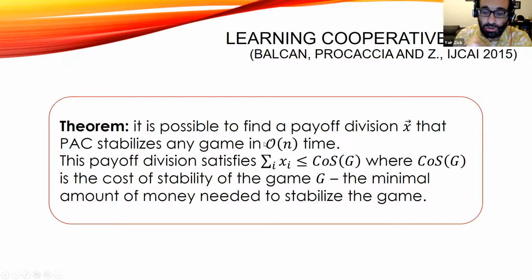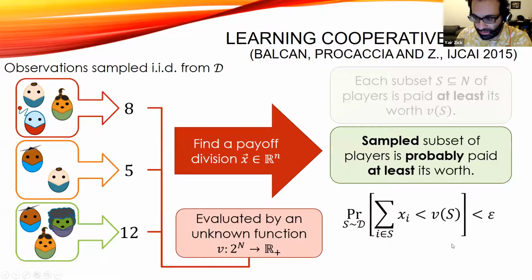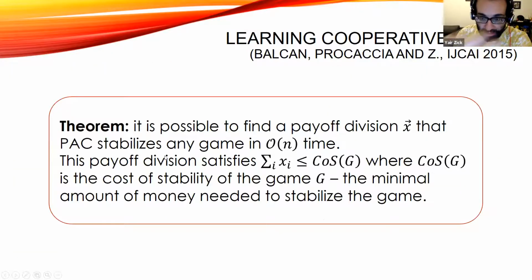So you can use a linear number of samples in the number of players in order to find a payoff division x such that this probabilistic guarantee holds: the probability that a set of players gets paid strictly less than its value is really low. For those of you who know a little bit of machine learning, the reason that this works is exactly the same reason that you can learn a linear classifier using a linear number of samples.